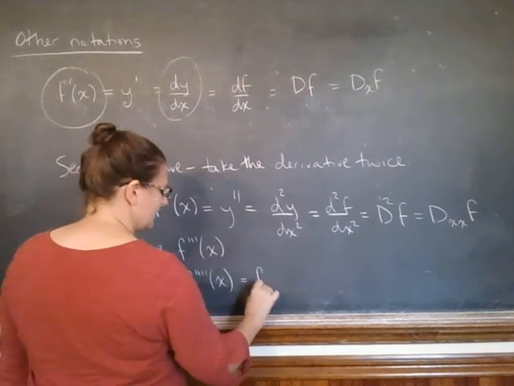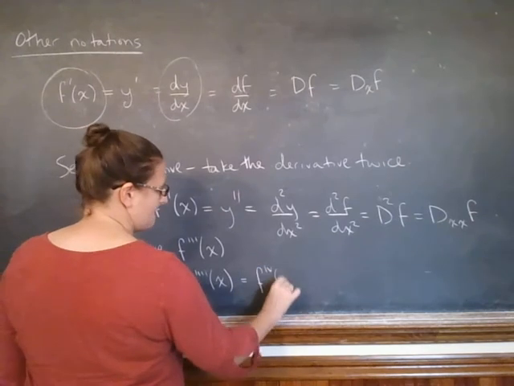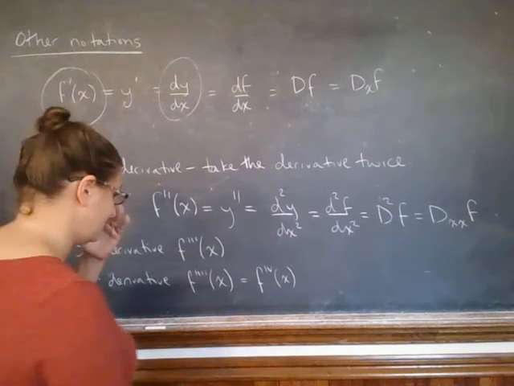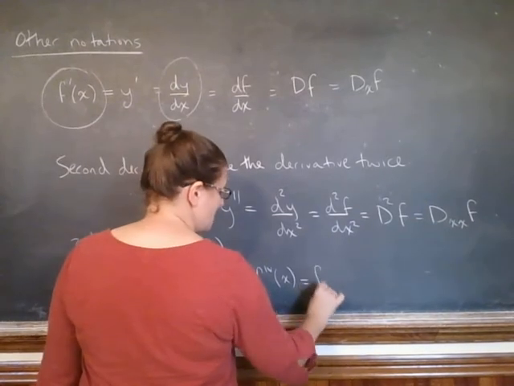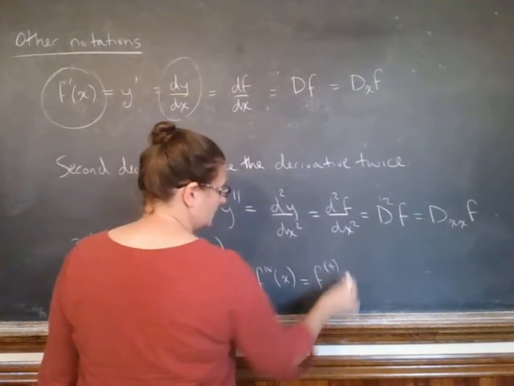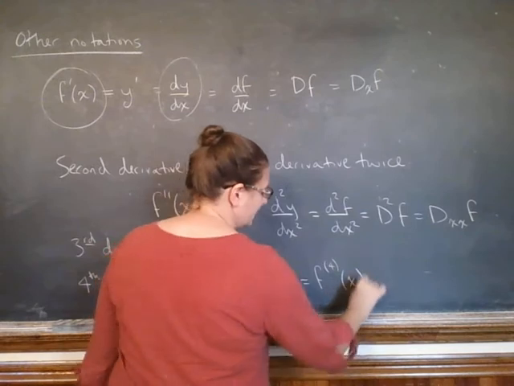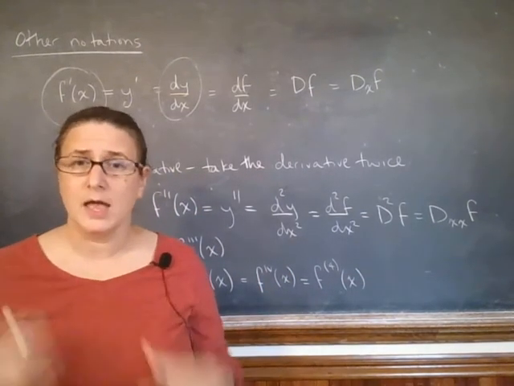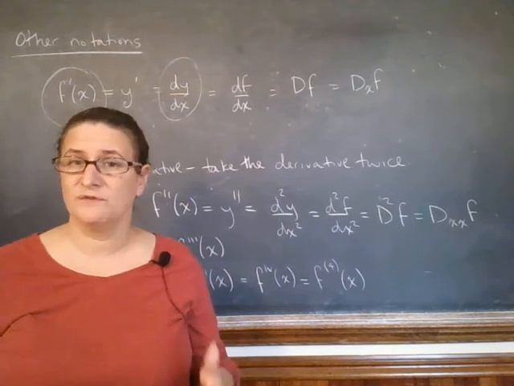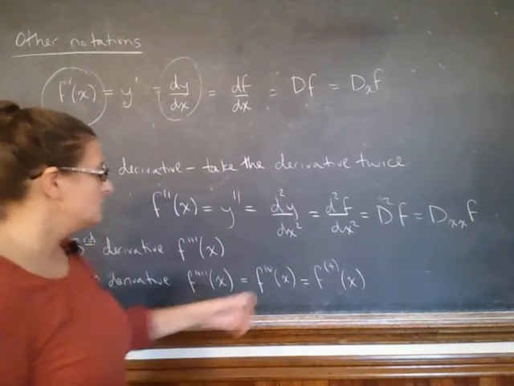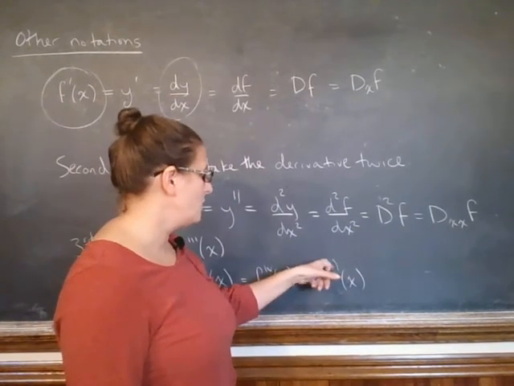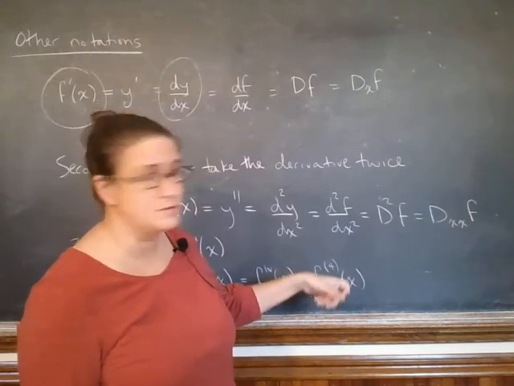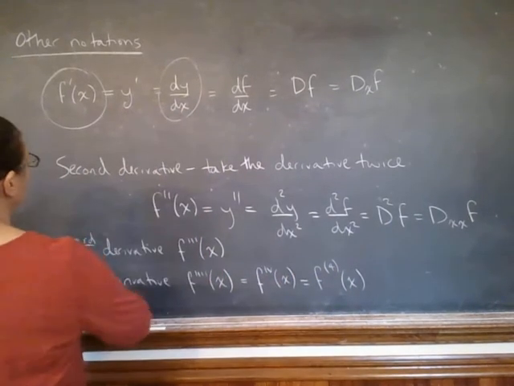So some people use a Roman IV. More often, we just start using a 4. But to make sure that it's clear that it's the fourth derivative and not f of x to the 4th power, when you use a number, you always put it in parentheses so that we know that it's the 4th derivative.